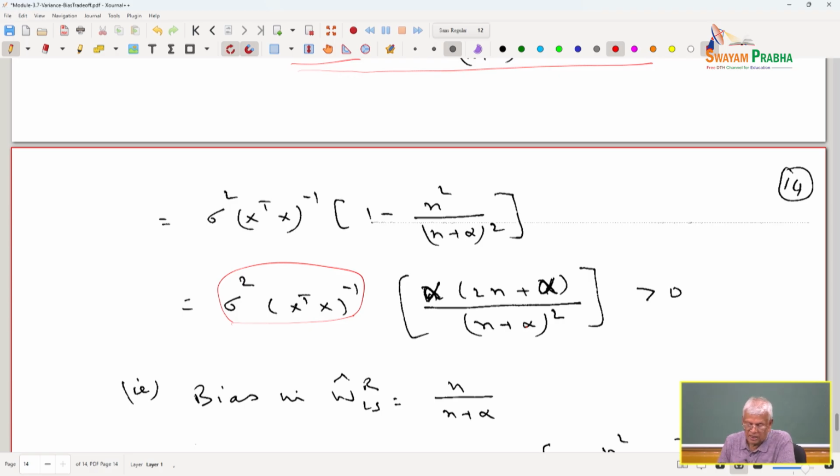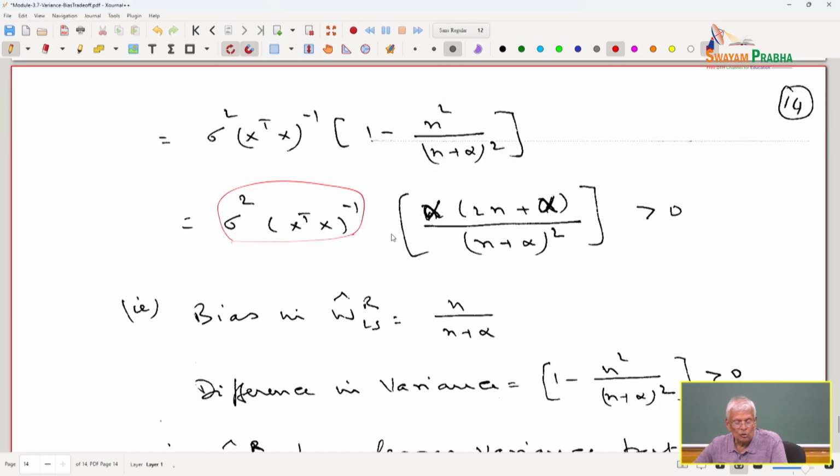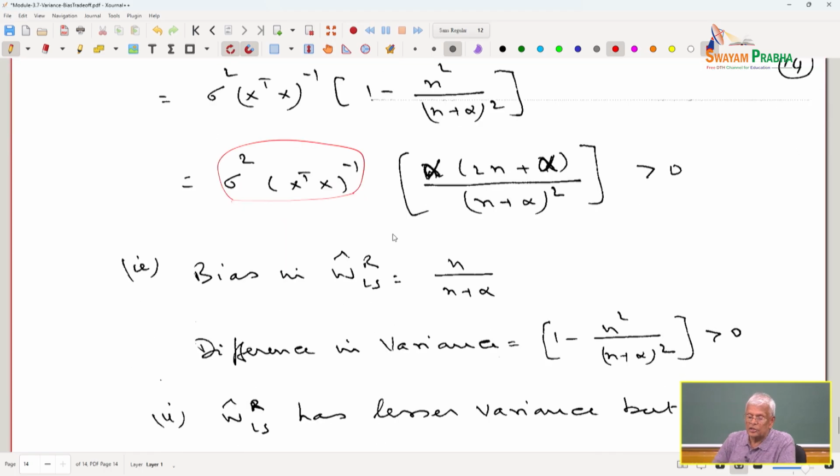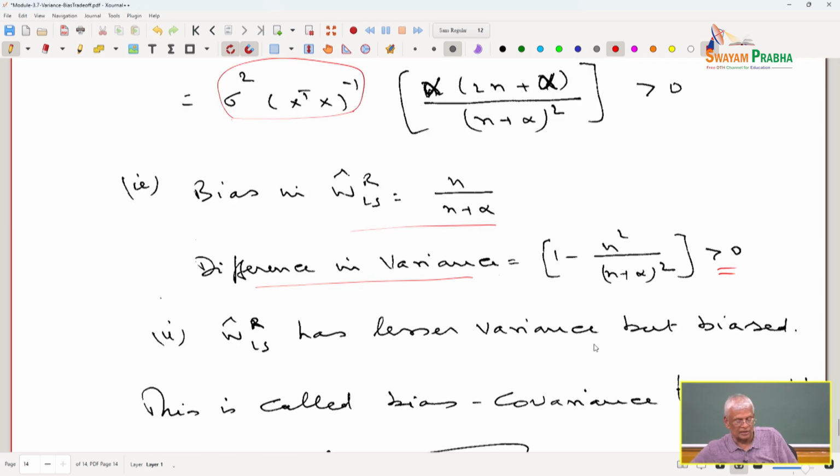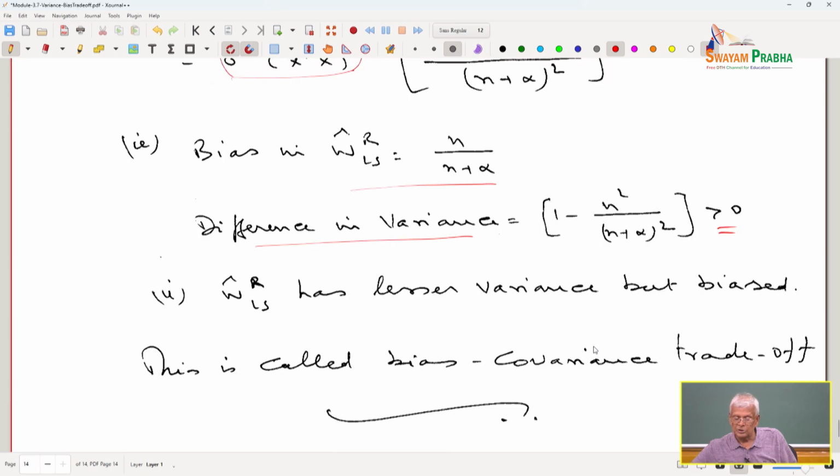So, what does this mean? This means the covariance of the ridge estimate is smaller, but it is biased. The difference between the variance is greater than 0. Therefore, the ridge regression estimate has a lesser variance, but biased. This is called bias variance trade off in least squares theory.